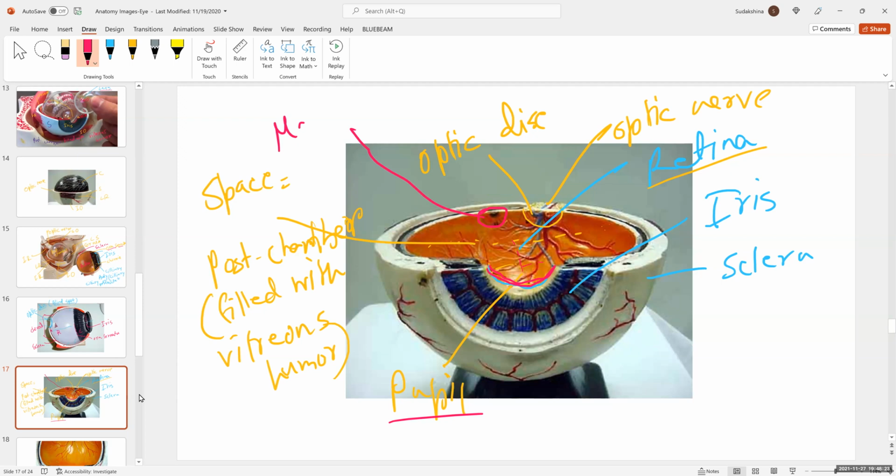This spot where light directly falls, we call that macula lutea. And the center of that, this black thing, is the center of the macula lutea, which we call fovea. Its full name is slightly longer than just fovea, but we are basically keeping it as fovea. Macula lutea and fovea.